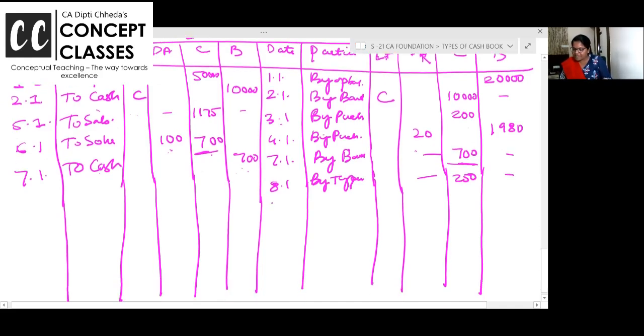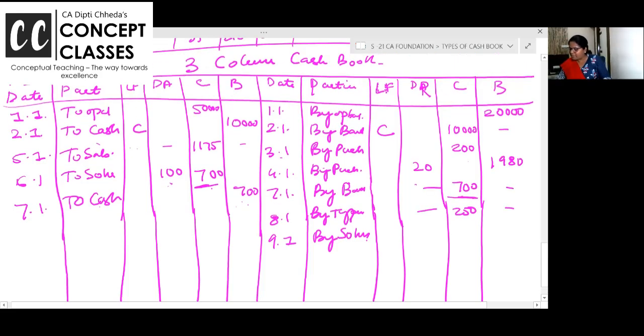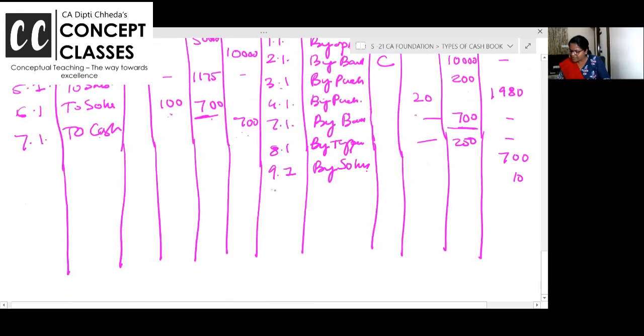So when you reverse it, what entry do you pass on 9th of January? By Soham. Soham, again you are my debtor, and bank, I am crediting 700. And bank has also charged me 10 rupees charges. That is my expense. By bank charges.